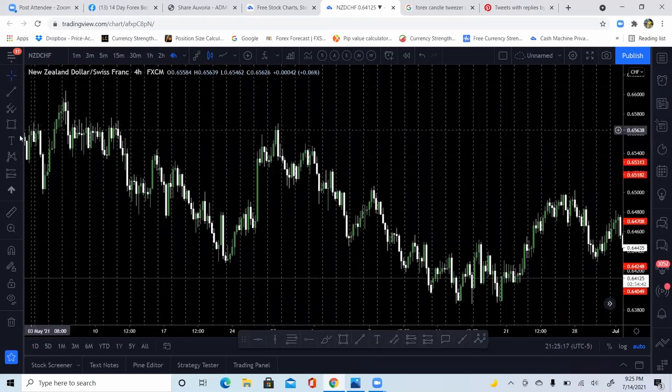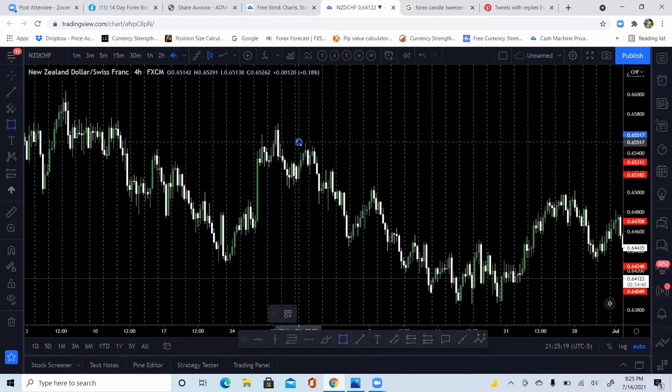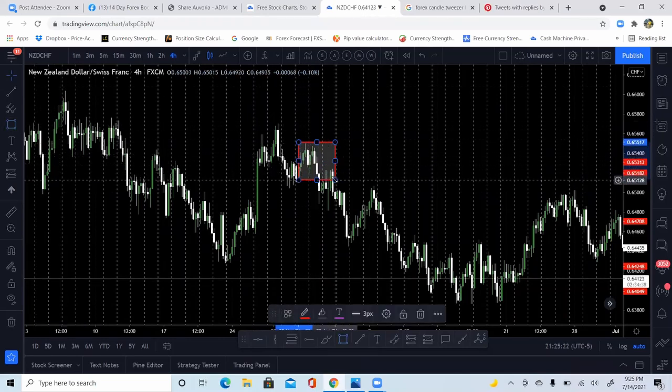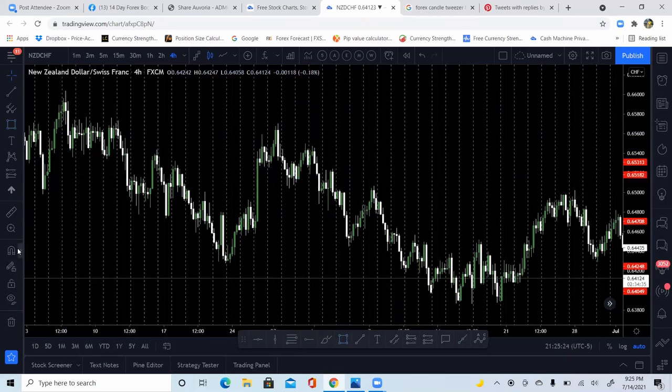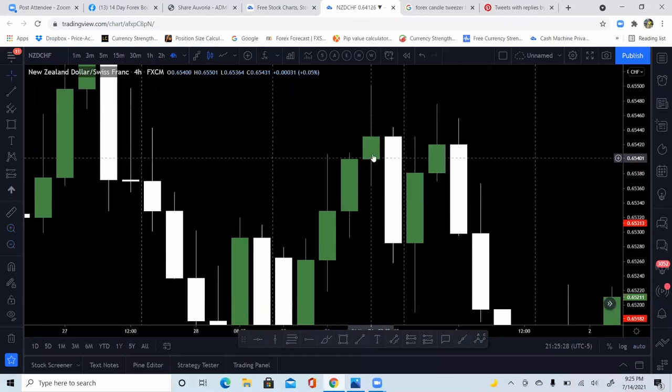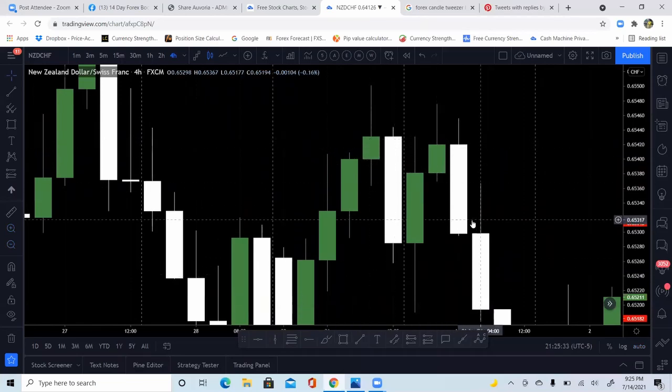So now we go back here. Look what started the continuation of that same down move. Doji followed by an engulfing candle. Doji followed by an engulfing candle.